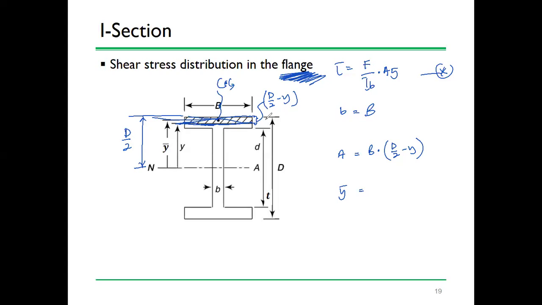So what do you think? Everybody knows that from here to here is D over 2, as we saw in the previous slide. So it's simply D over 2 plus half of what? D over 2 minus y. And this should give us the y bar. So now that we have finished, we just substitute this into the main shear formula.